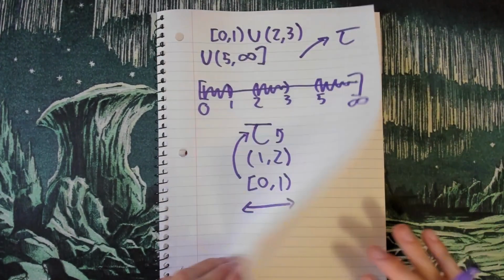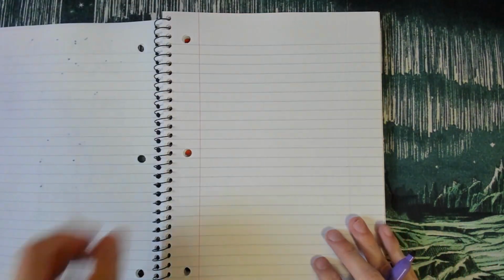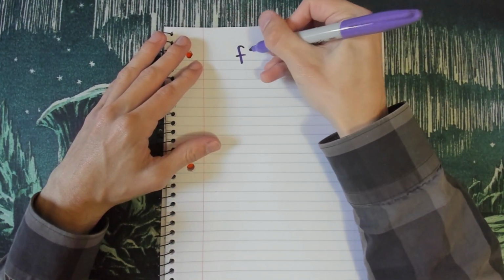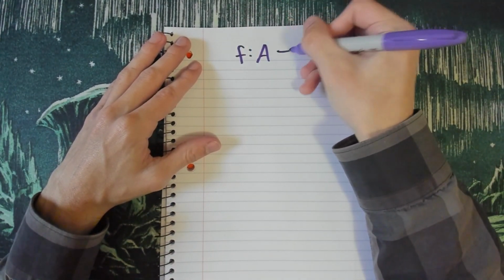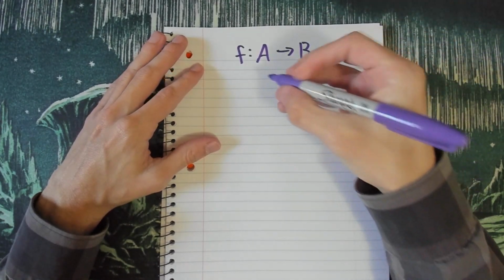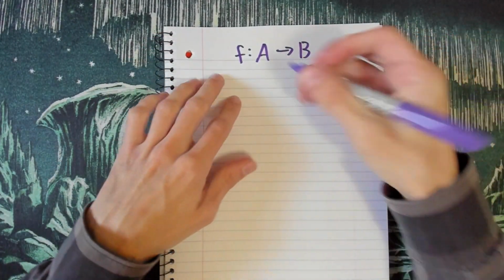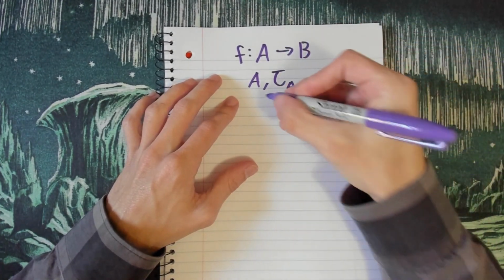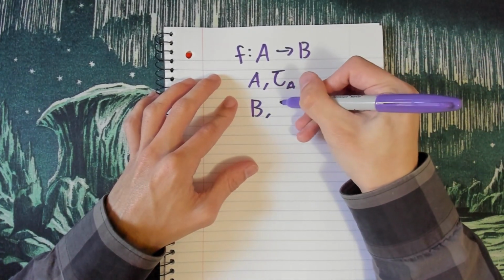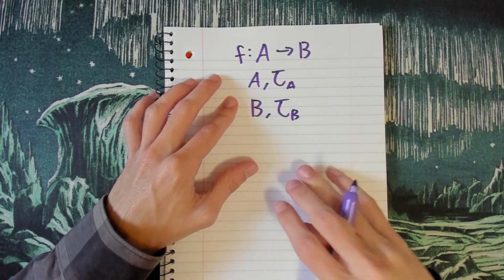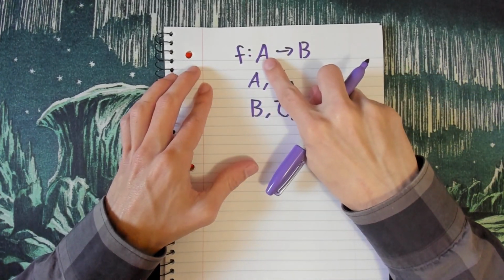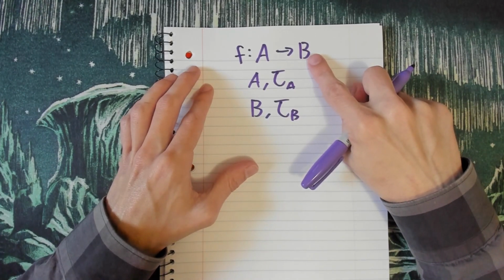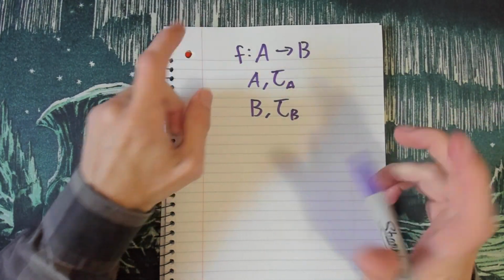All right? So what about continuity? Well, we say a function is continuous, so maybe it goes from A to B. A is going to have some topology on it, and B is going to have some topology on it. So really, F is taking us from a topological space into a topological space. So when would I say F is continuous?